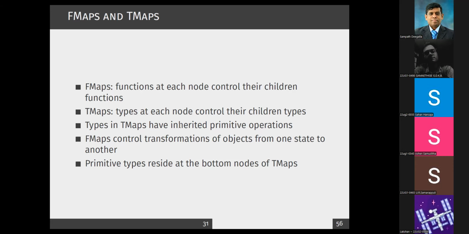T maps are the types, and how you control over children types, right? So inheritance is one of the properties which I also discussed. And then F maps control transformations, from one state to another state, right? And the primitive types will be at the bottom of the T maps.